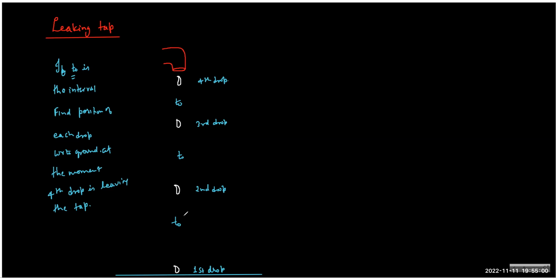Or you can say how much a drop will take to reach the bottom? 3T naught. Exactly. So that is the given answer. I mean, the time of flight is given to you for every drop to reach the bottom.